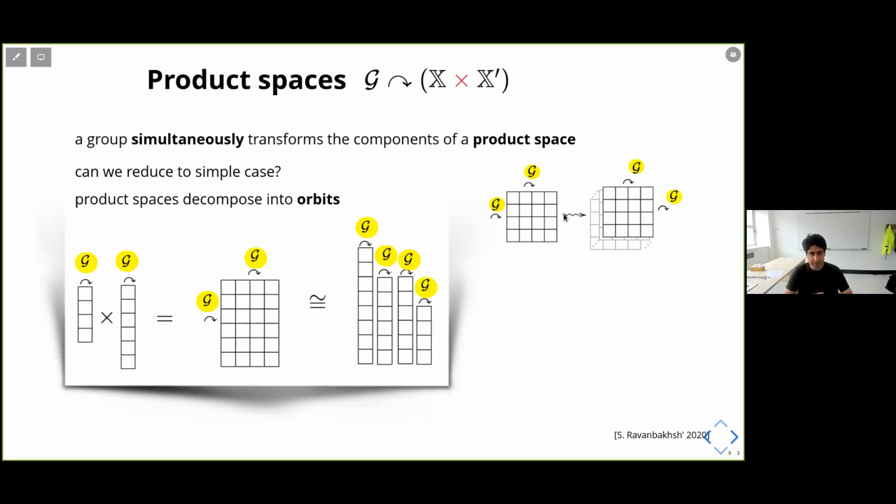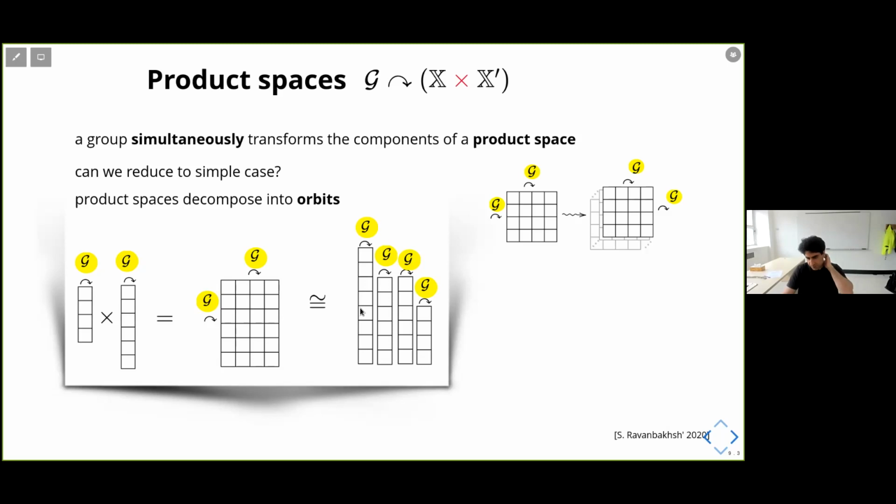It's more involved. So the key observation here is that this product space that we built decomposes into orbits, like in the G-set, where by orbit we mean that the action of the group can move any element to any other element inside one orbit, but it can't move elements across the orbits.